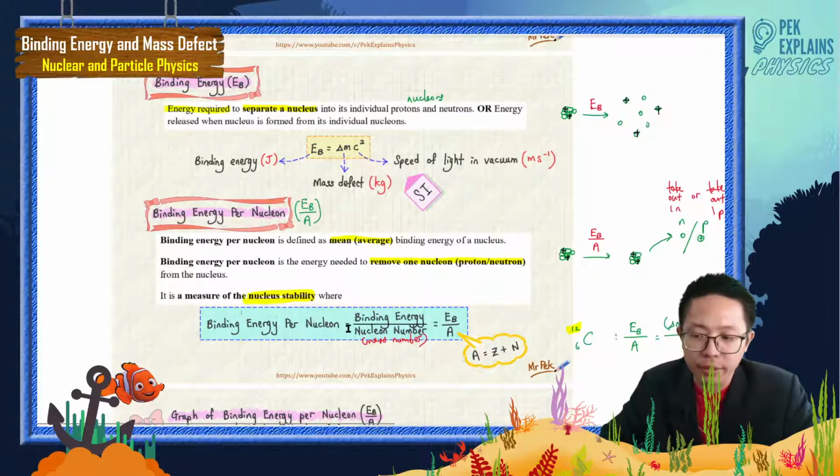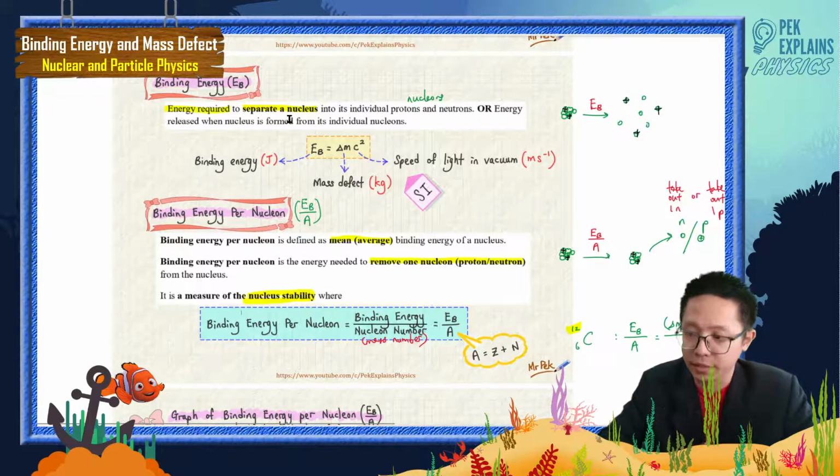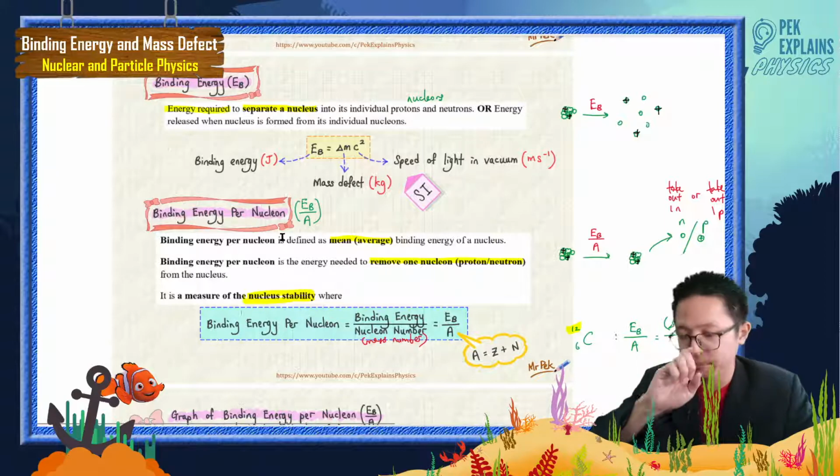So binding energy per nucleon is proportional to the nuclear stability. It's not just binding energy, but nuclear stability depends on binding energy per nucleon.